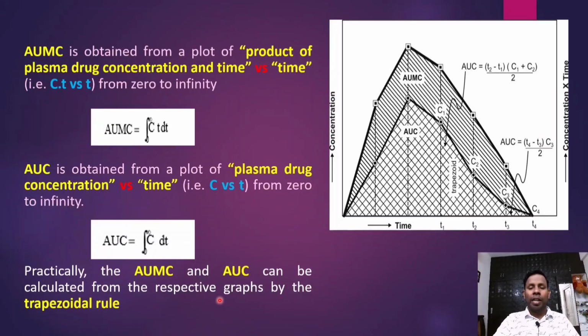What is this trapezoidal rule and how can it be calculated? I have already made a video regarding the calculation of AUC. That video link I have given in the description. Also it is given in the I button. Please watch that video. So MRT is equal to AUMC by AUC.